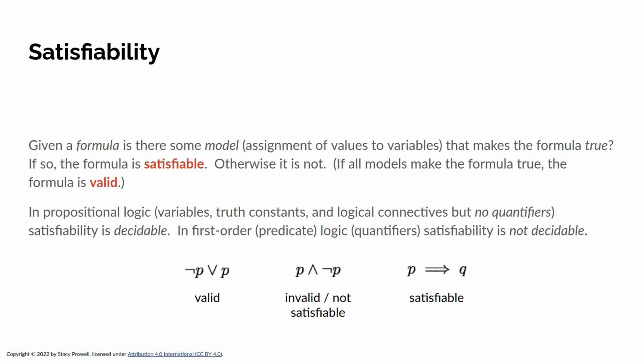Decidability is a good thing, because the alternative is even worse. In first order predicate logic, where you have quantifiers, satisfiability is not decidable. And again, that's because we've introduced this notion of quantifying over a set, and we can actually play some tricks to have that wind up looking like the halting problem or something else, and demonstrate that we can't decide it.